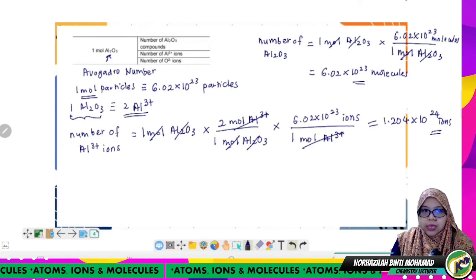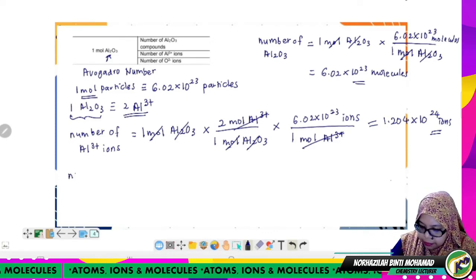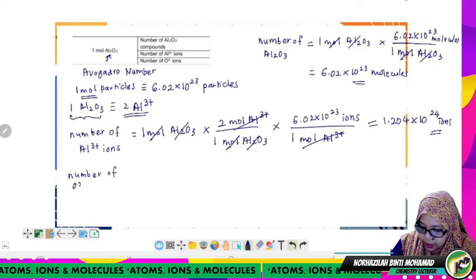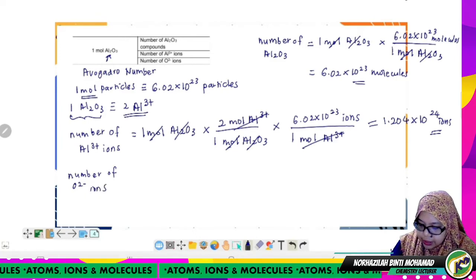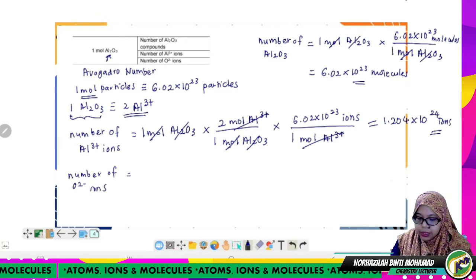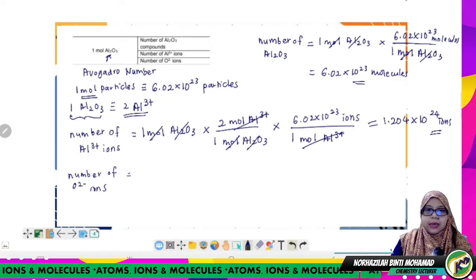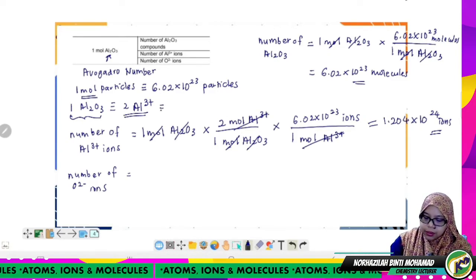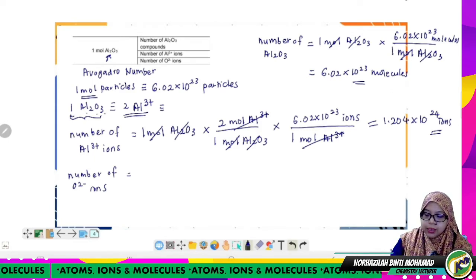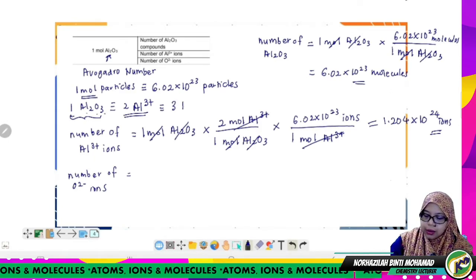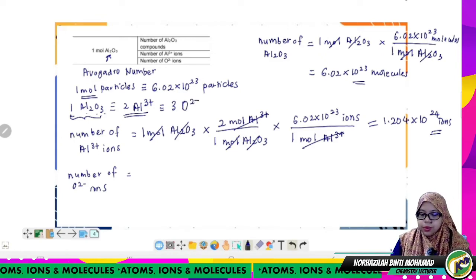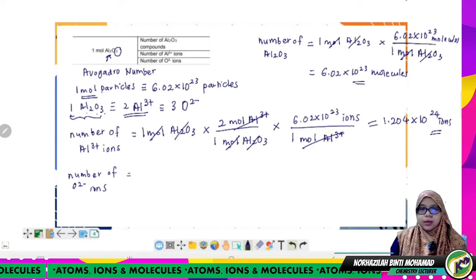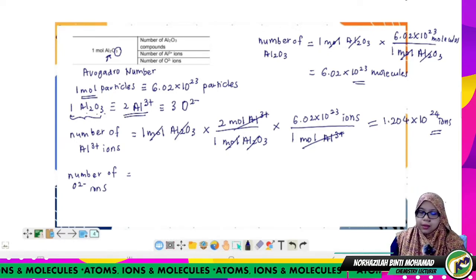Okay, for the last question, number of oxide ion. So same as aluminium ion, we need to determine how many oxygen exist in aluminium oxide. So for this one, 1 aluminium oxide contain 3 oxide ion. So how do we know? We look at this formula. Okay, 3 oxide ion.